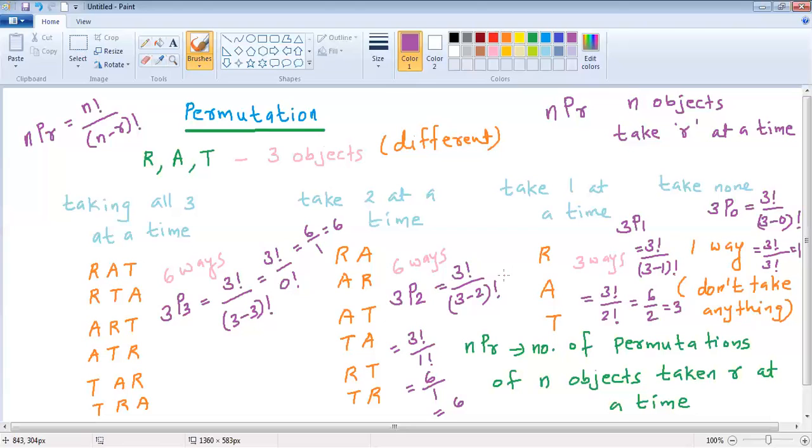How many ways you can arrange. आपके पास n different objects है, उसमें से आपको r objects को select करके अरेंज करना. So how many ways are there? The number of ways is nPr, n factorial divided by n minus r factorial.